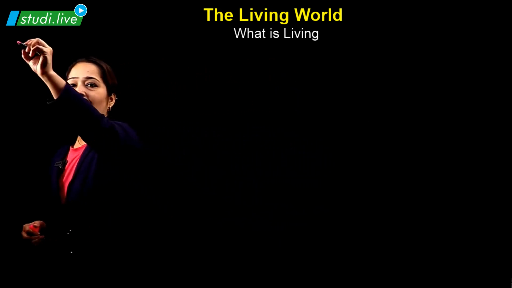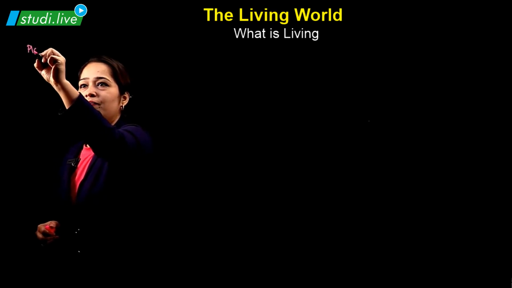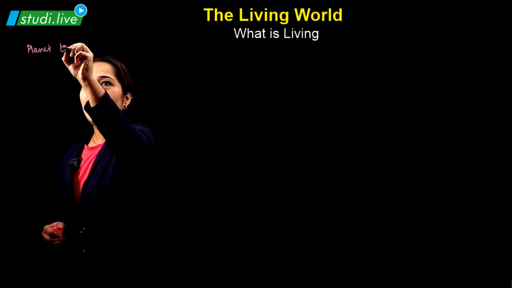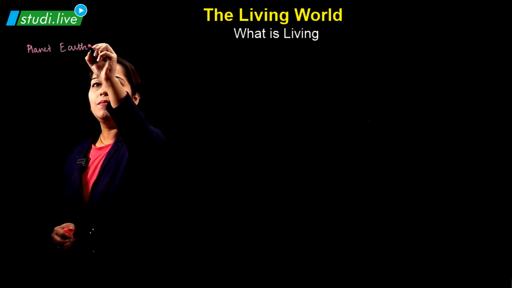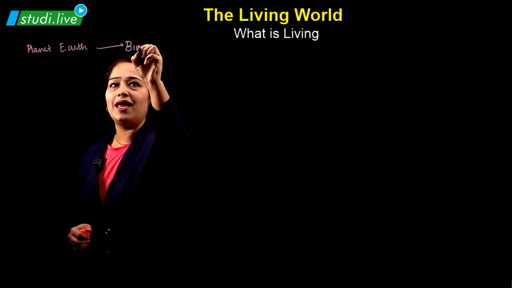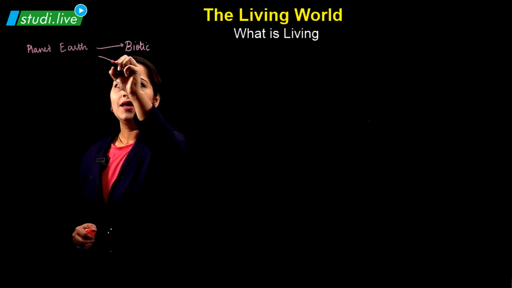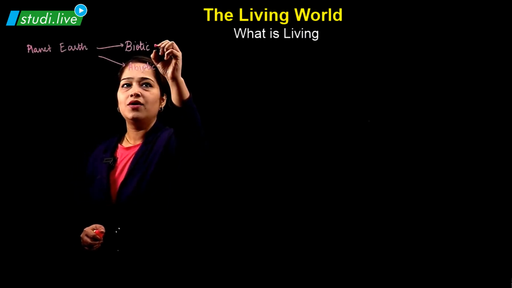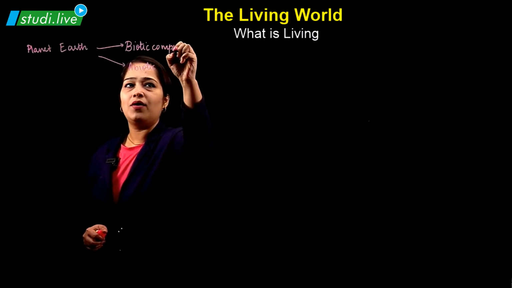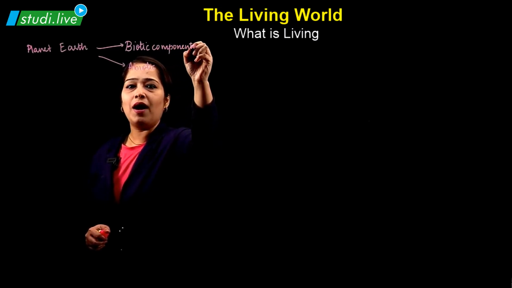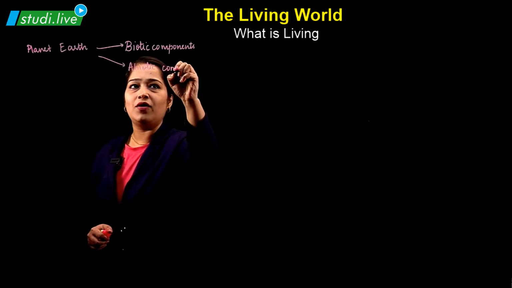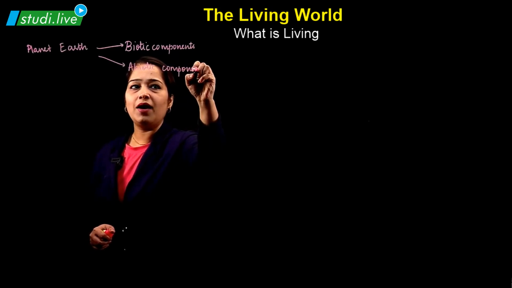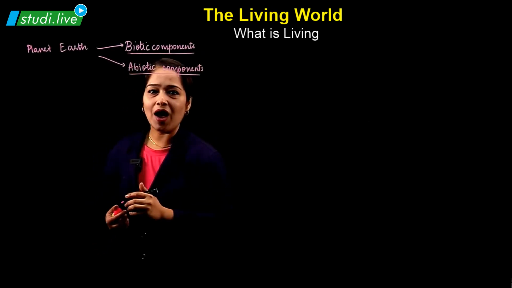So we can say that our planet Earth has both biotic as well as abiotic components. These biotic components are the living organisms and the abiotic components are the non-living organisms which are present.